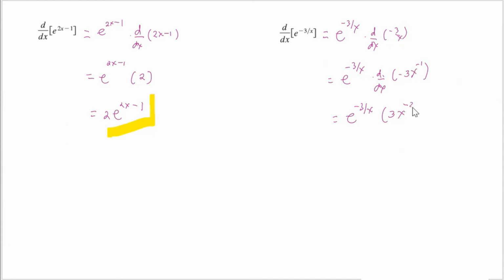This becomes negative 2. So multiplying that, the answer becomes 3 over x squared times e raised to negative 3 over x. So this is now the derivative for that problem.